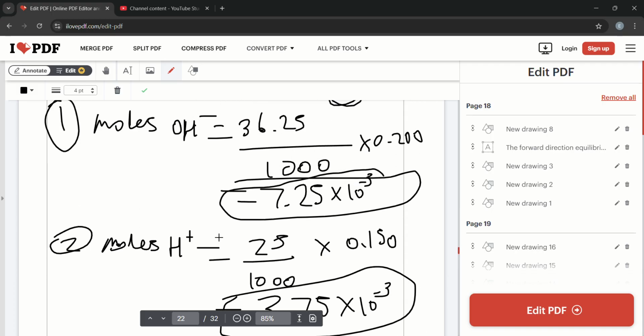Now what do we do? We've got the moles. Well, now we can find the excess OH minus. How do we find that? Always a subtraction between the two moles we've got.